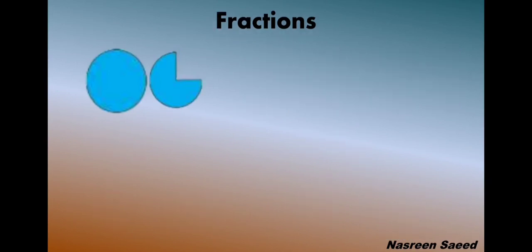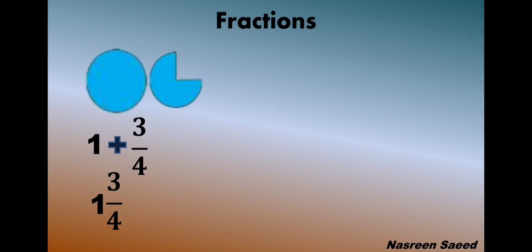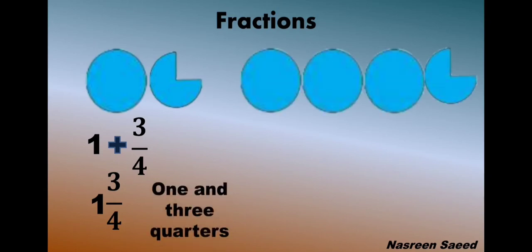Now if we have 1 whole and 3 quarters, it is written as 1 3 upon 4 and read as 1 and 3 quarters.